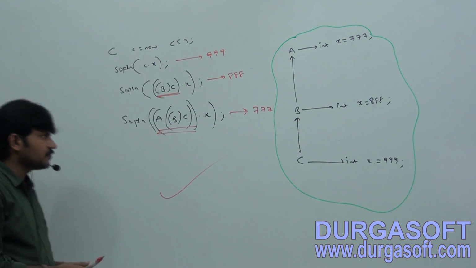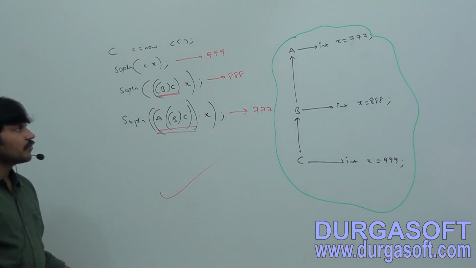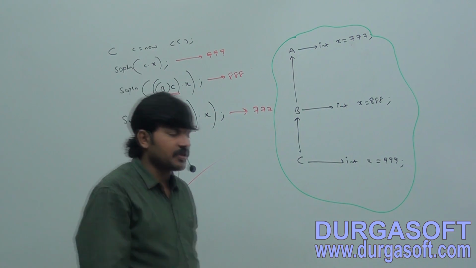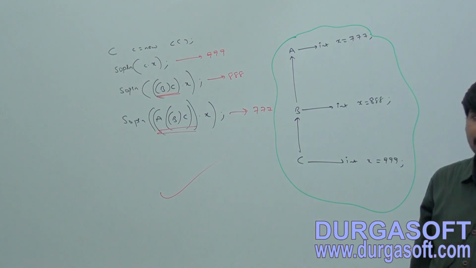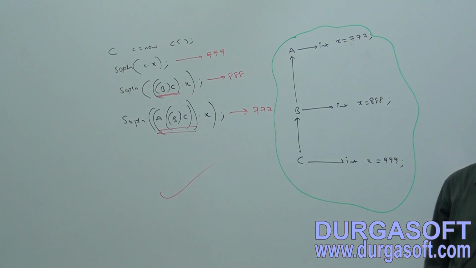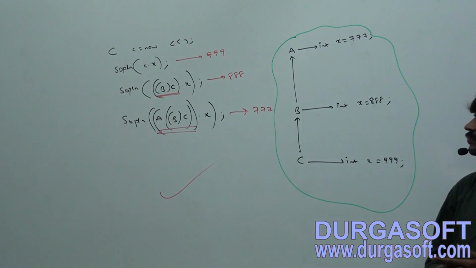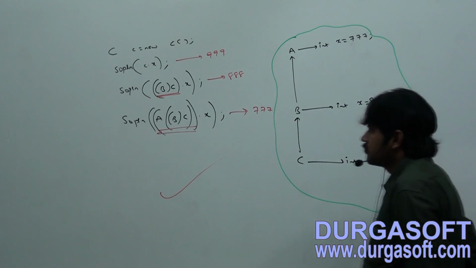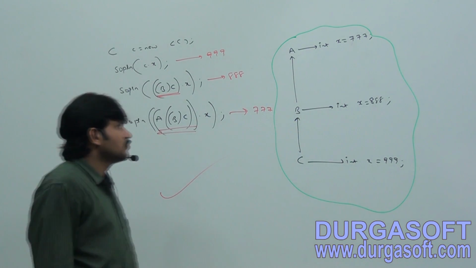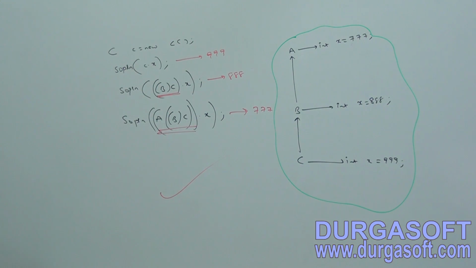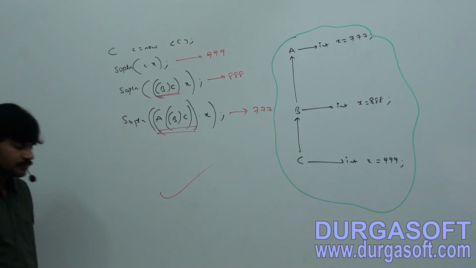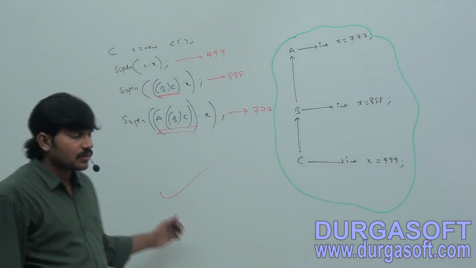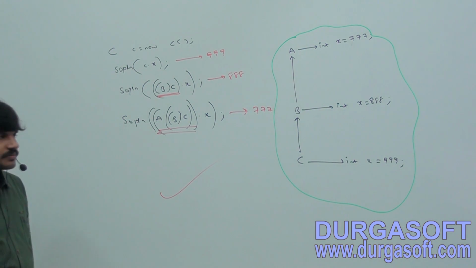Okay, take this example. A, B, C. Example 3. Example 4, I hope. Take. Completed, right? Take clearly.